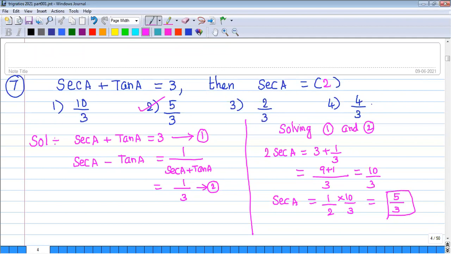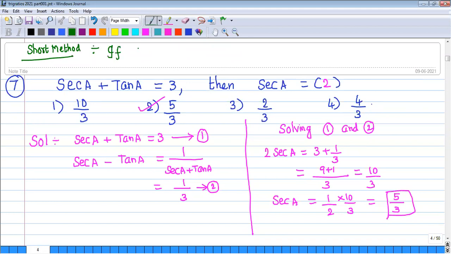Do you want an easy method? More easy method? Yes or no? Yes, sir. Okay, let me explain. That is the short method. Don't say shortcut, short method. So what is the short method?